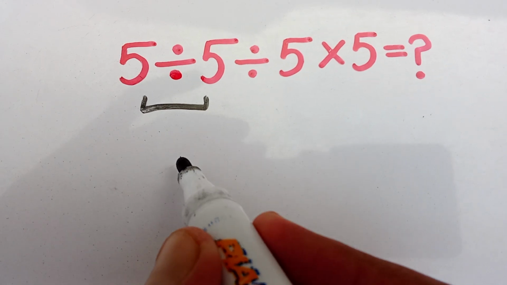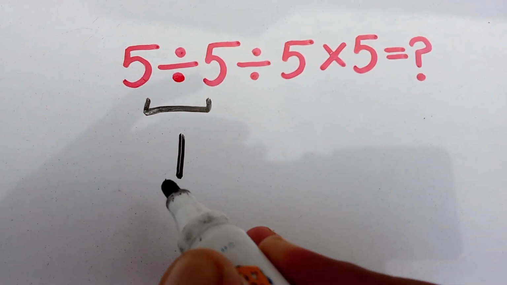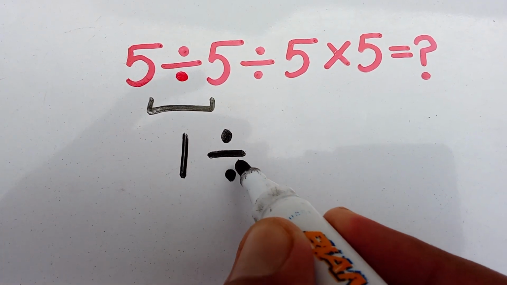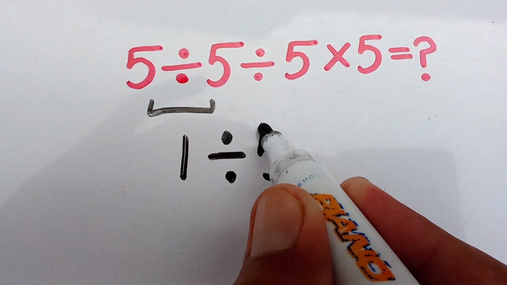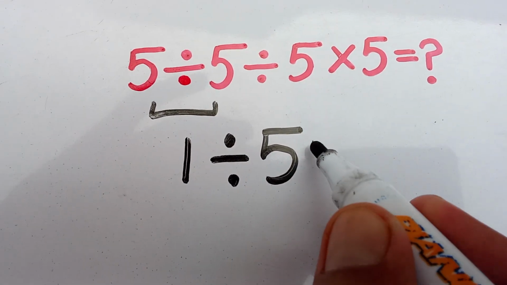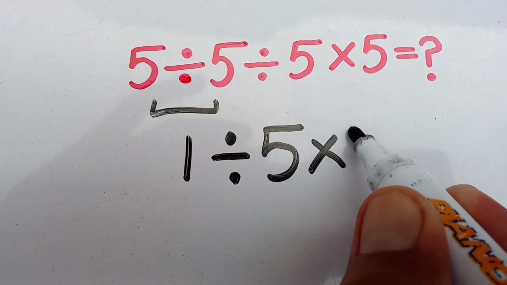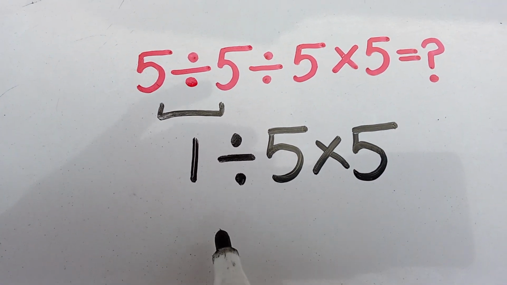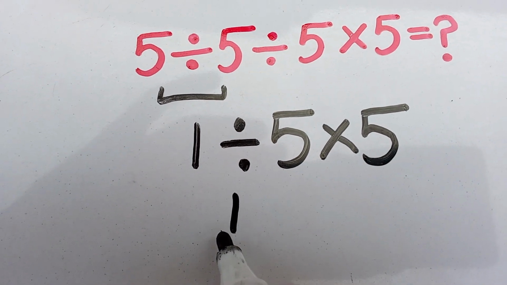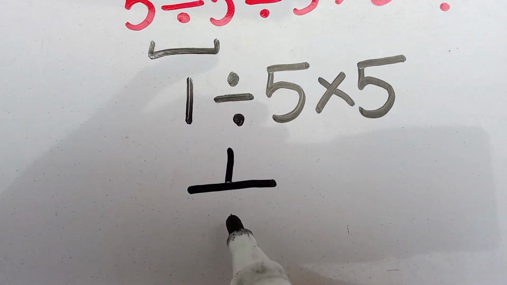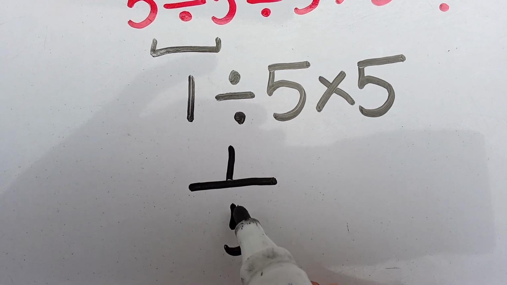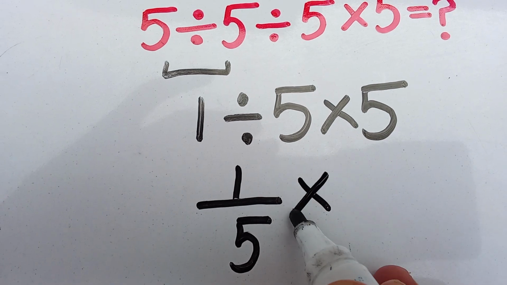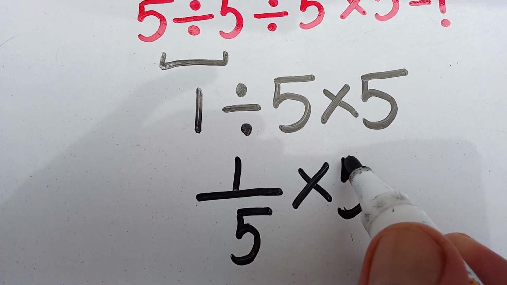So 5 divided by 5 is equal to 1, divided by 5, multiplied by 5. Okay student, so 1 divided by 5, I can write here according to KCF, 1 divided by 5 multiplied by 5.